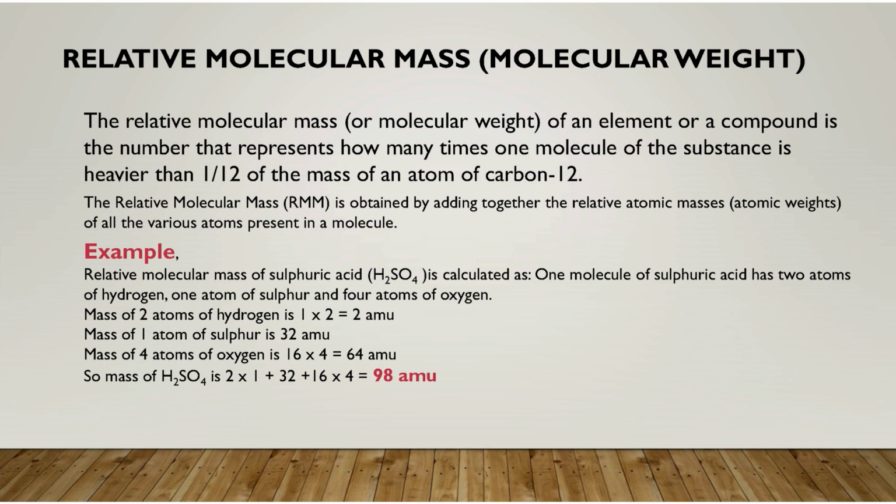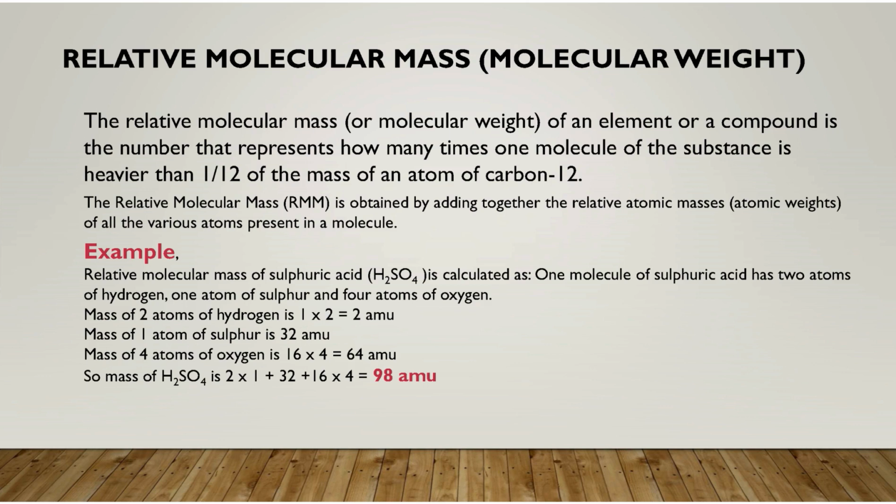The mass of one atom of sulfur: we know the atomic mass of sulfur is 32 and the atomic number is 16. So that is 32 AMU. Mass of 4 oxygen atoms: we know the atomic mass of oxygen is 16, so 16 multiplied by 4 is 64 AMU.